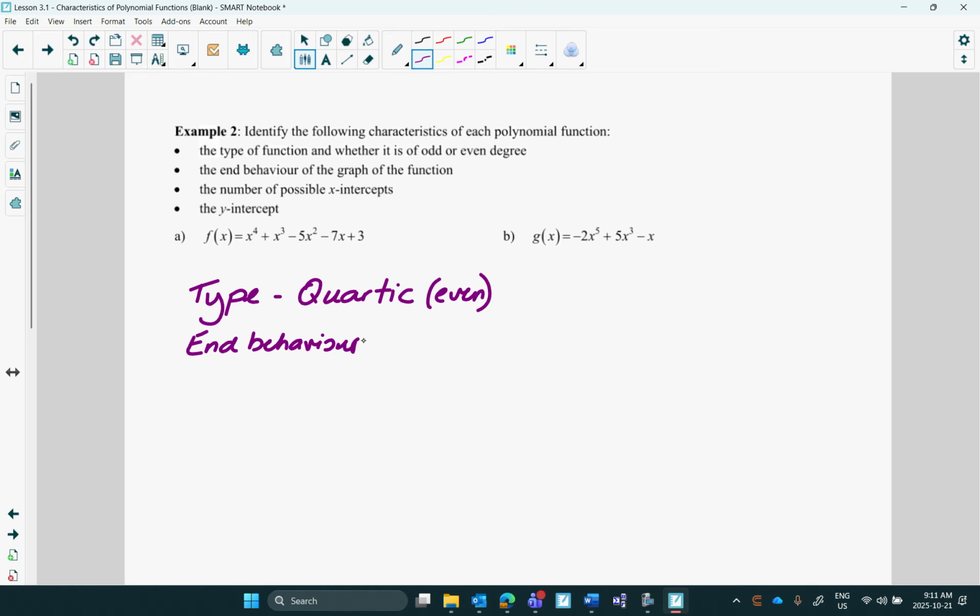Up in both. So it extends up in Q2 and Q1. How many possible x-intercepts could it have? Sorry, I should say the maximum number of x-intercepts. 4? Yes. Max 4 x-intercepts.